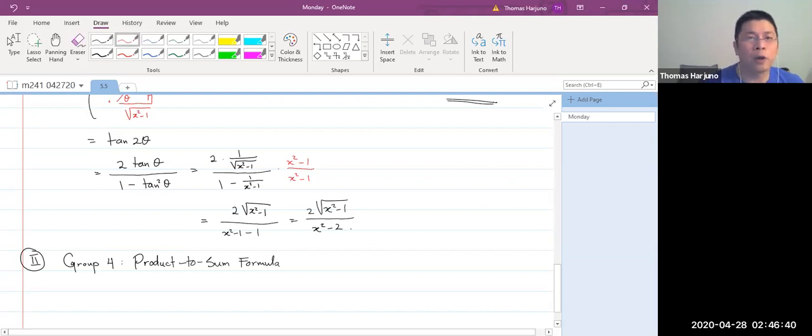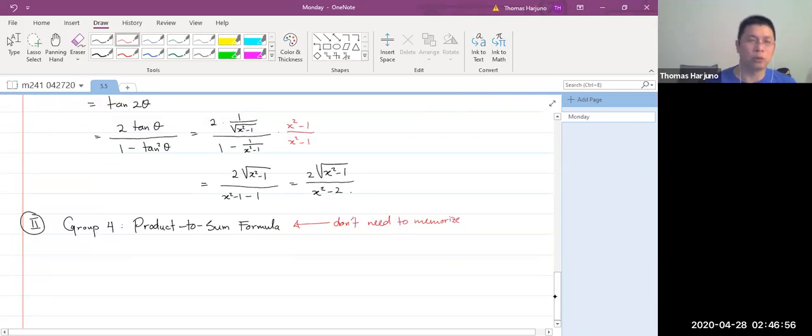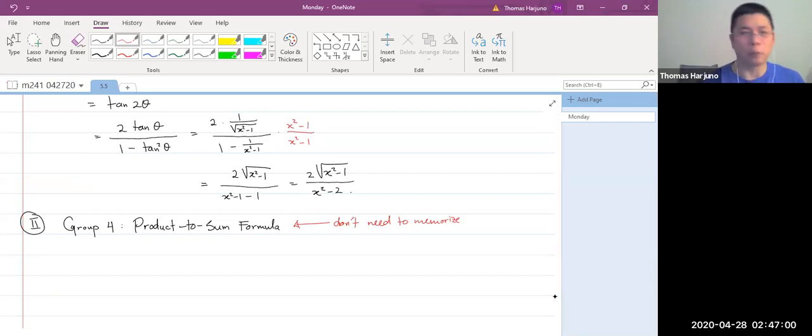For group 4 and group 5, you don't need to memorize. On your test, I will provide the notes or the formulas, okay? For group 4 and group 5, I will provide the formulas.